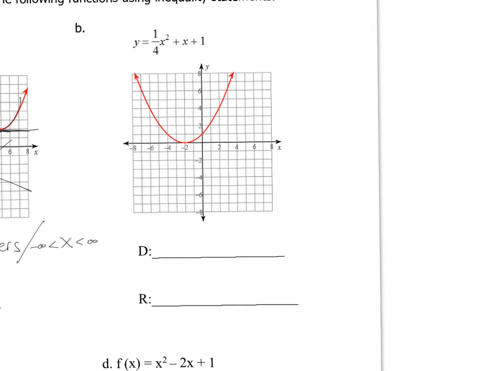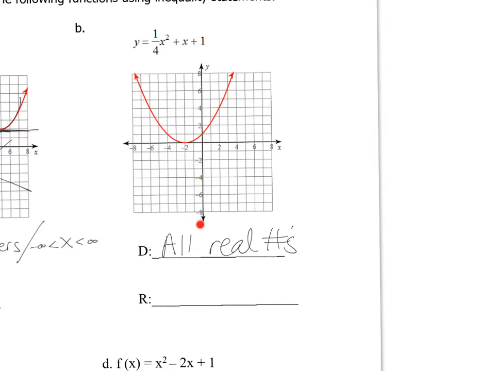Part B is the same kind of question, and again we have a parabola with a picture. Does it move left? Does it move right? Does it ever stop moving left or right? No, it doesn't, so I would say that the domain is all real numbers. For my range, it does stop moving up and down. It does go up and up and up, and it will never stop moving up, signified by those arrows.